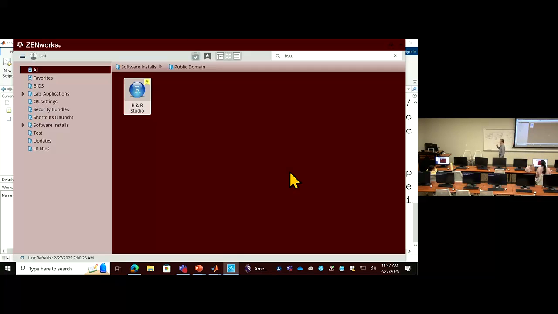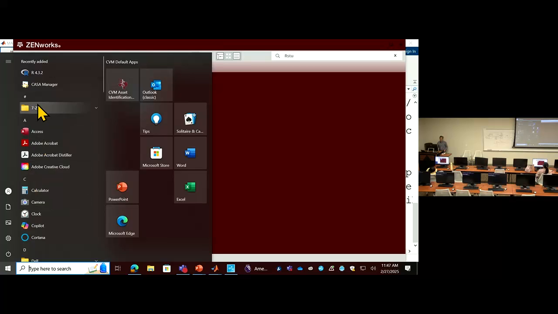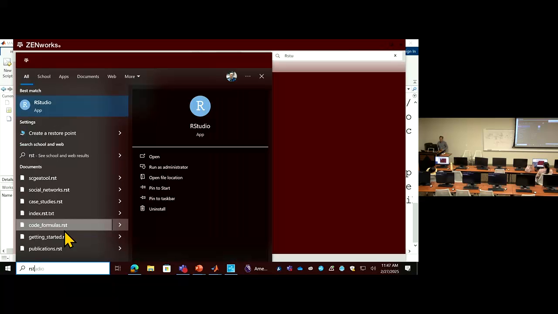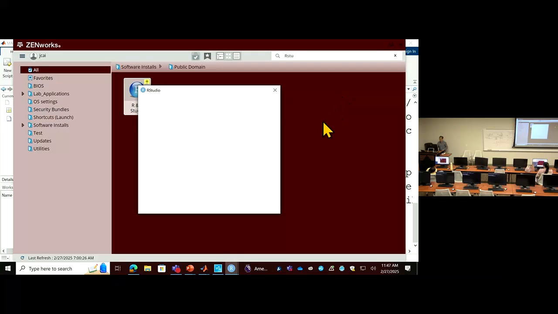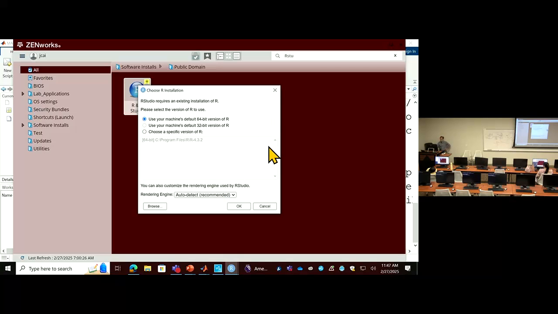So we need to have this installed, and then make sure that from the RStudio just installed, you have this R interface. The same thing, you have to know where you installed your R.